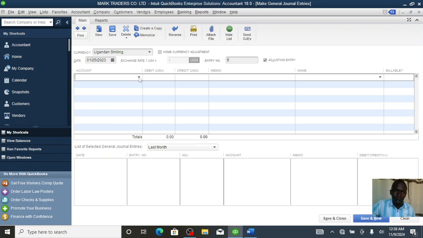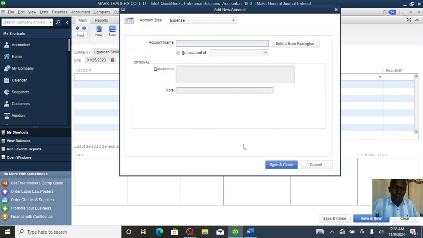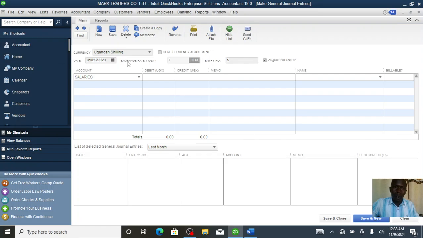Now account, we create it because we don't have salaries. It is under expenses. Continue. Salaries. Save. So we debit. Amount is 300,000.